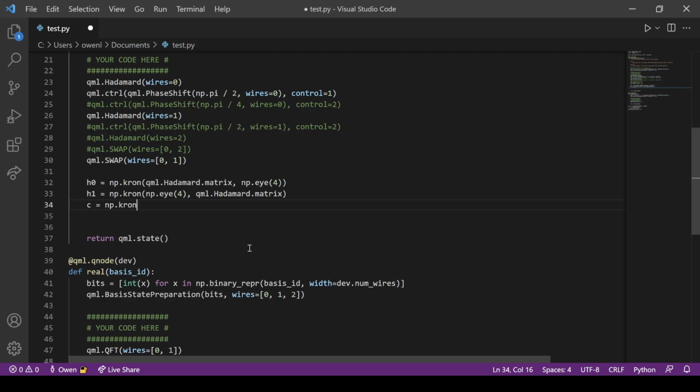We have our, on the first qubit, we have our identity, or sorry, our phase gate, which I'm checking the matrix for right now. So if we have this, we have our matrix.